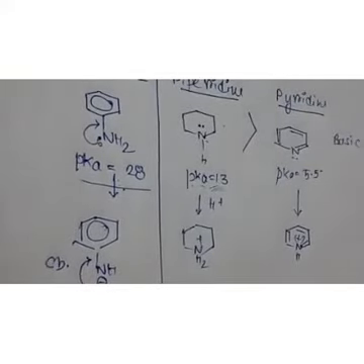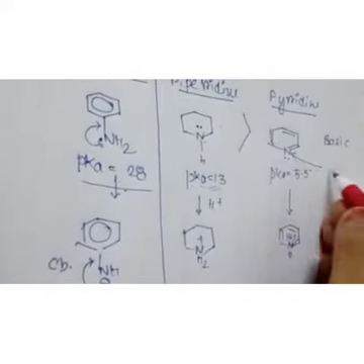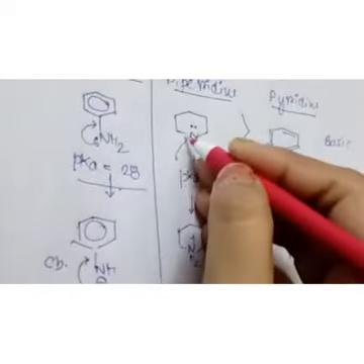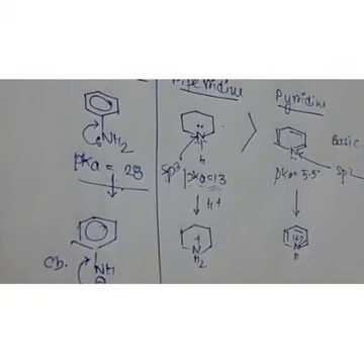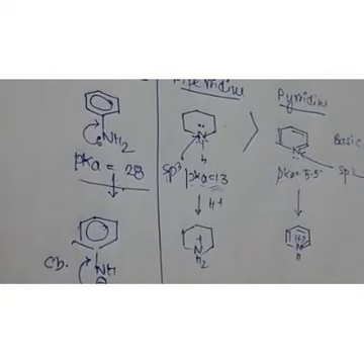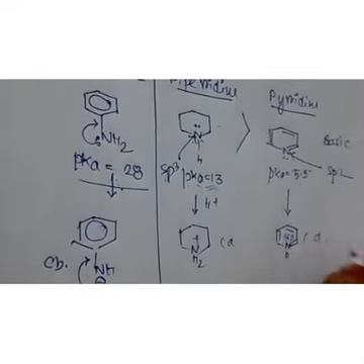than pyridine, because in pyridine the nitrogen is sp2 hybridized. In piperidine, the secondary amine nitrogen is sp3 hybridized. More s character, and the electron pair wants to stay in that orbital. It does not want to share its electron with a proton, and hence does not want to form a protonated conjugate acid.